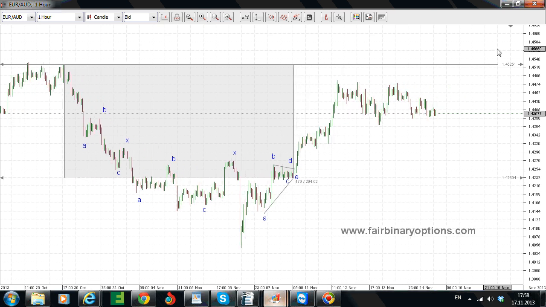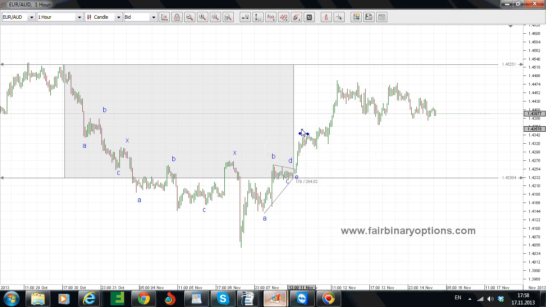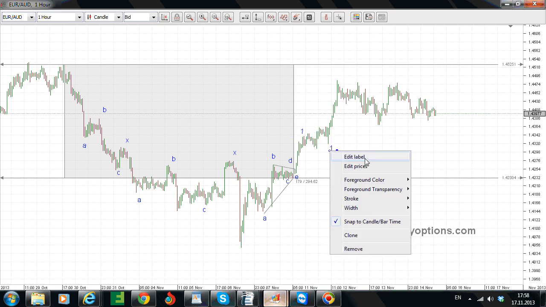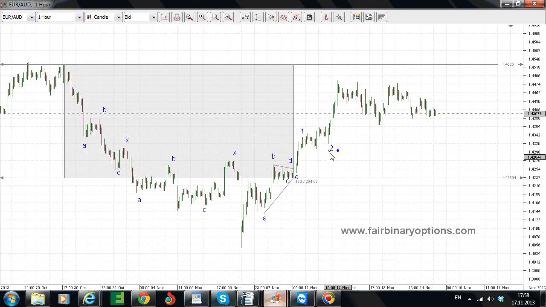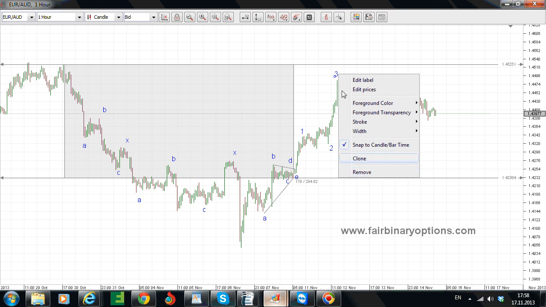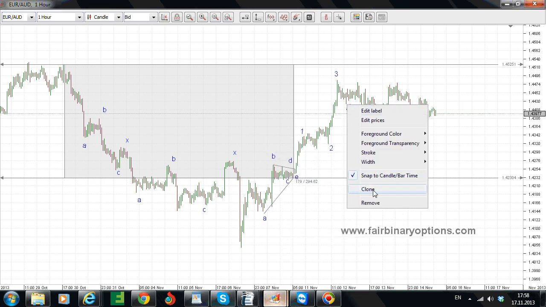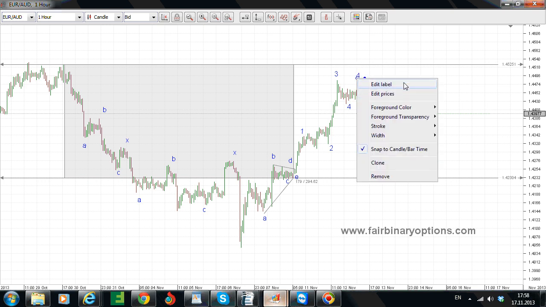From this moment on to the upside, we have an impulsive move, a zigzag, and this should be labeled as wave 1, the second wave there, the third wave to the upside, the fourth wave here, and of course the fifth wave to the upside: 1, 2, 3, 4, 5, an impulsive move.